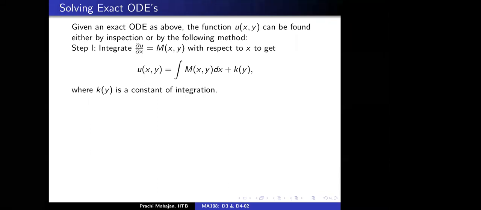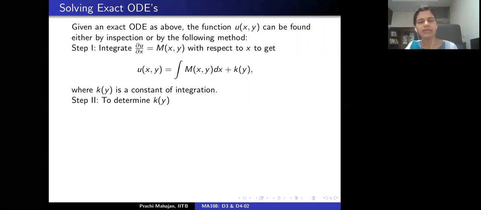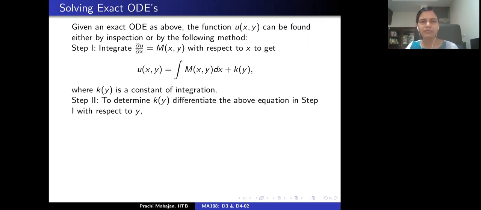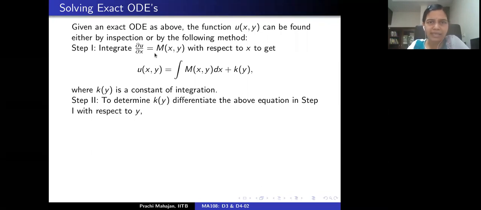Now what do we do? Step 2: in order to determine the function u, you need to find out what this function k is, right? So what other information do we have? We know that the partial of u with respect to y is the function n, correct? So I am going to differentiate the identity from step 1 with respect to the y variable.